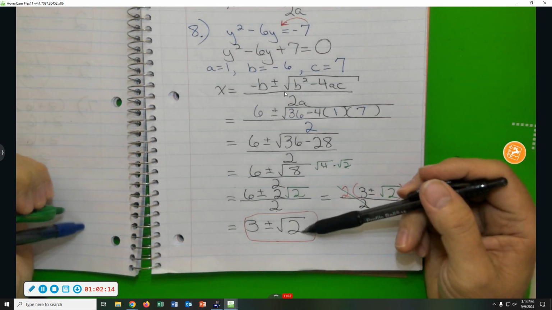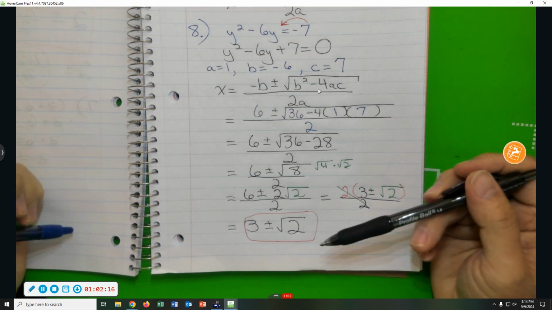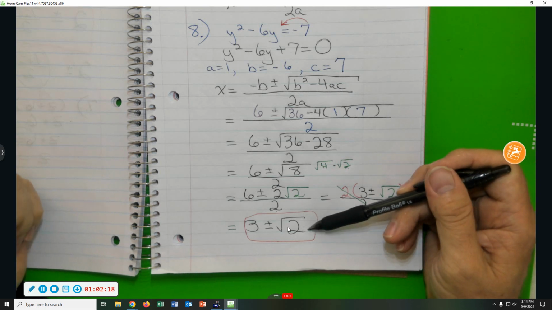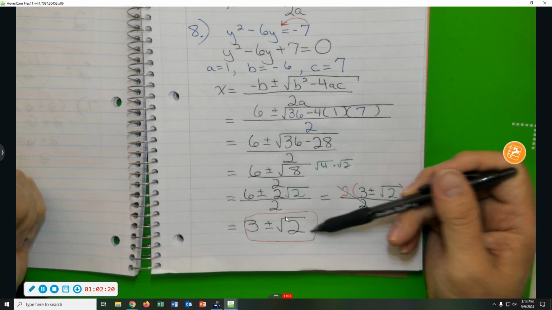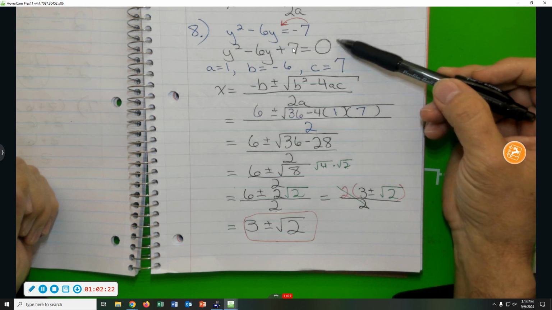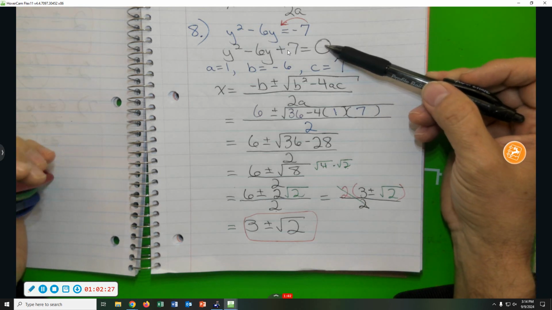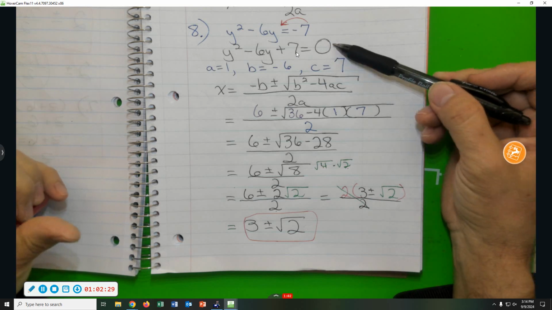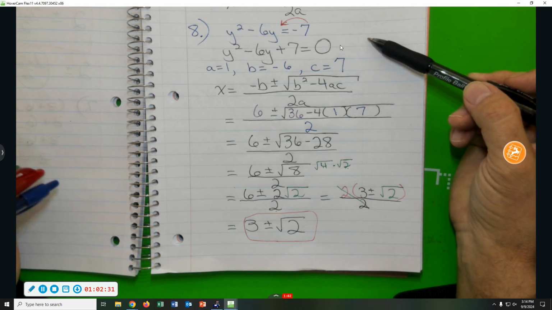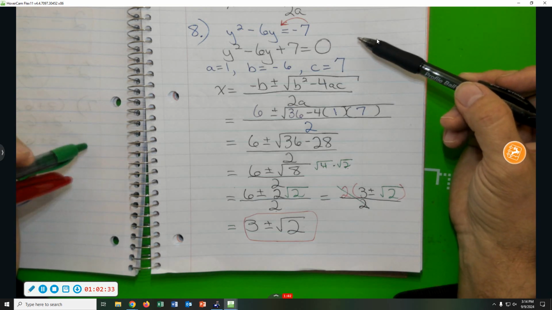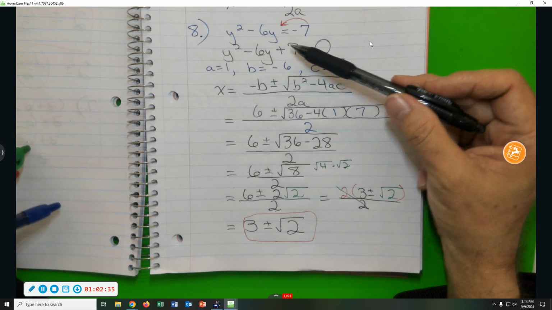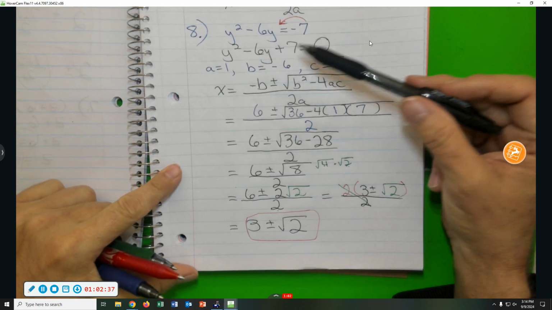When you solve an equation by the quadratic formula, if you're left with the square root in your final answer, like we are here, that means the expression is not factorable. For a second, it looked like this could have been factored: y minus 7, y minus 1, but you wind up adding. 7 and 1 would give you the 8, not the 6.